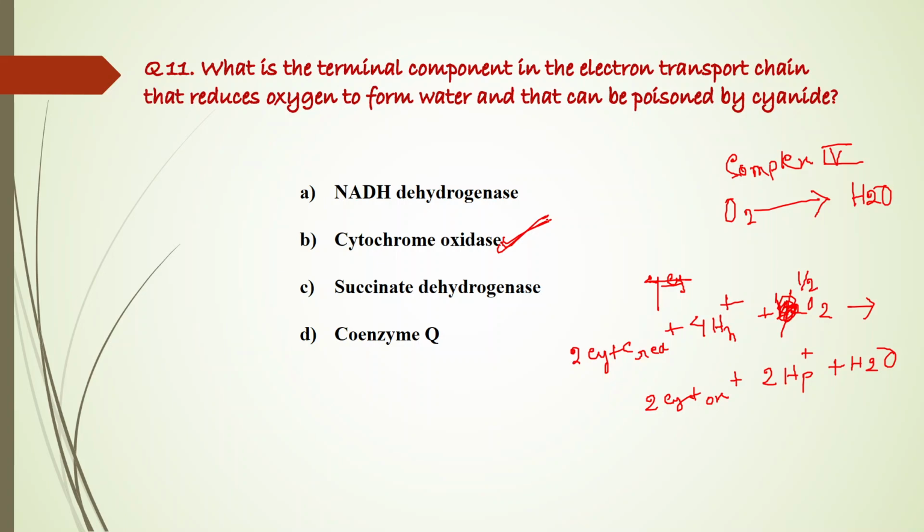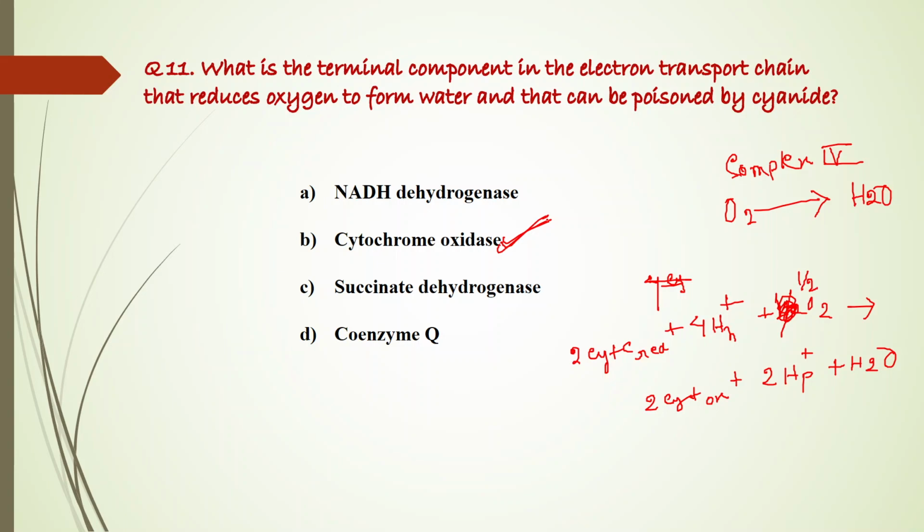Now the last statement says that it can be poisoned by cyanide. What does it mean? Probably you have heard about cyanide poisoning or carbon monoxide poisoning. So what happens in case of cyanide poisoning, the cyanide can bind strongly with the cytochrome oxidase, and if cyanide binds, the oxygen molecules will no longer bind to your cytochrome oxidase because something else is already sitting at this position.